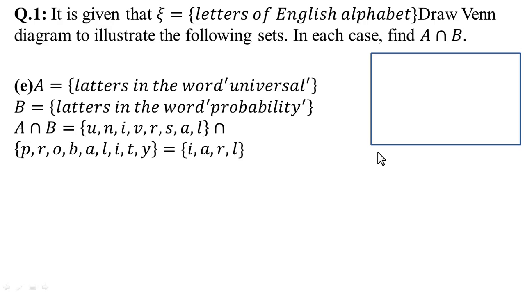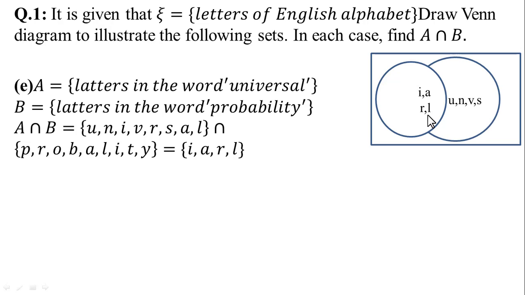First of all, the universal set, and draw the first set that has the common elements I, A, R, L and the remaining elements U, N, V, S.